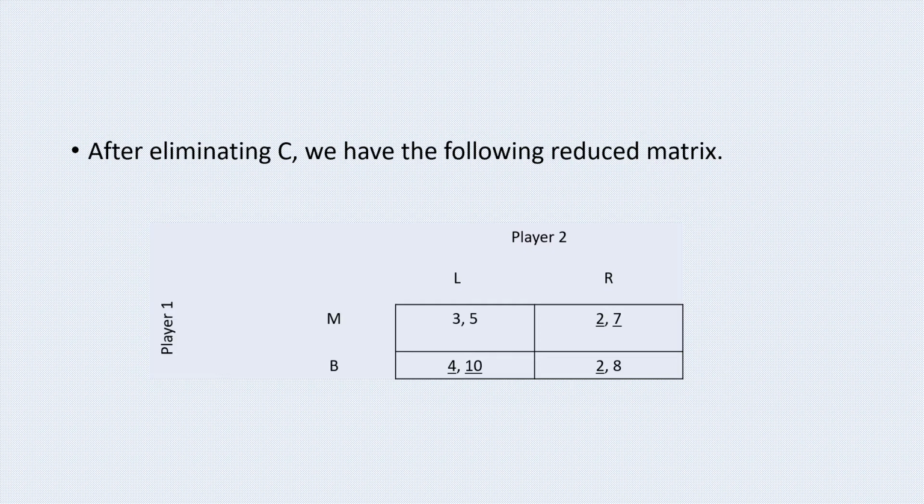So in one situation, R is preferred over L, but in another situation, it's the other way around. There is no clear consistent ranking between L and R, and hence neither L nor R is a dominated or a weakly dominated strategy. Hence, we cannot eliminate either L or R from this reduced matrix.